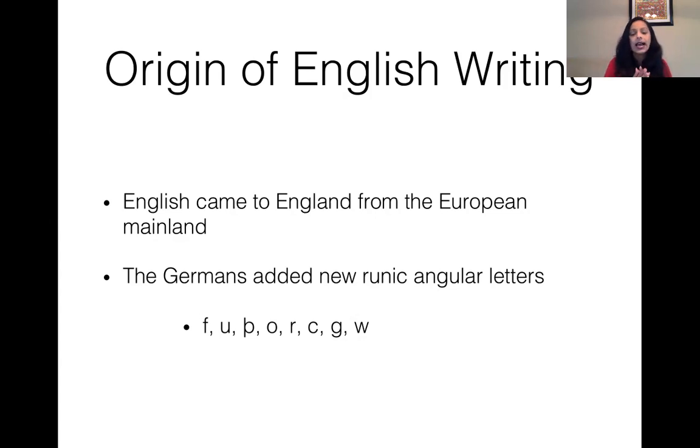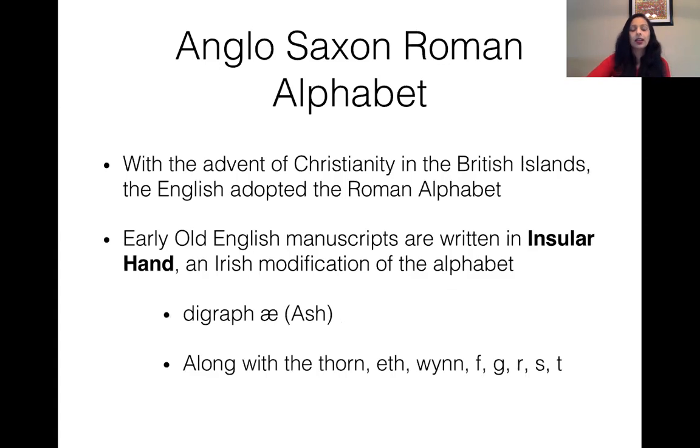Germanic languages. And so all these new runic letters came into the English language. It's often called futhorc, f, u, th, o, r, c. All these different sounds came into the English alphabet from Germanic. So there's a lot of Germanic influence in writing in the English language.